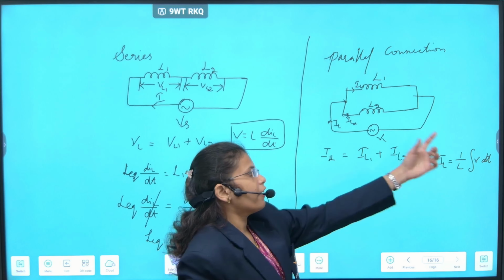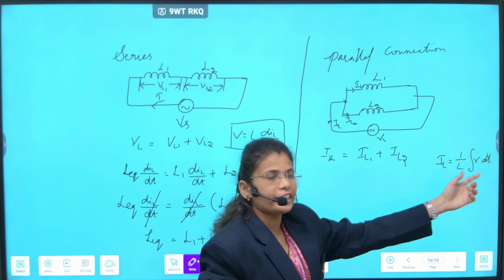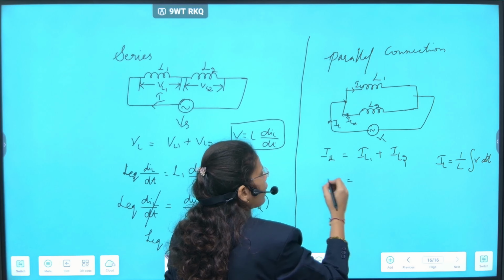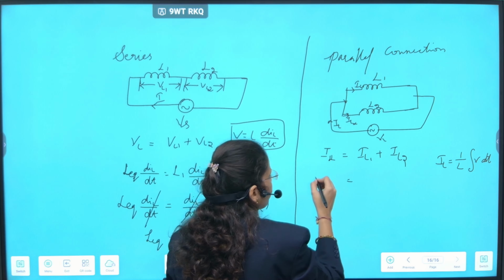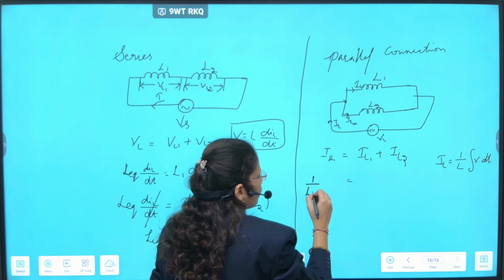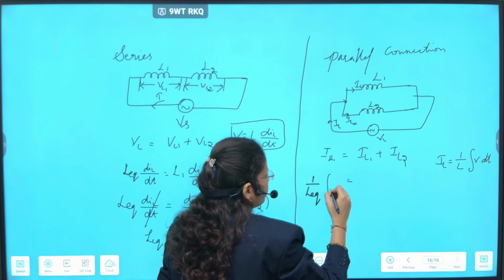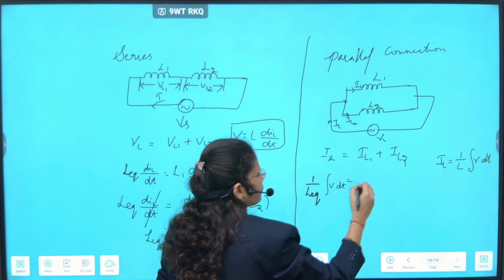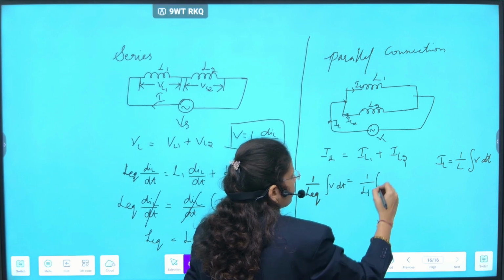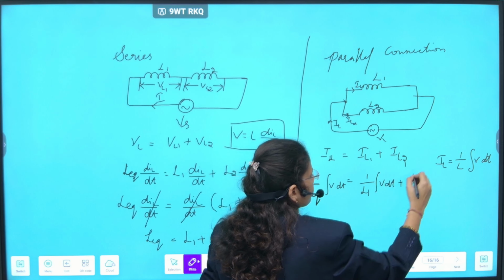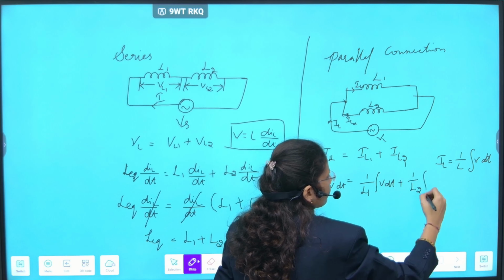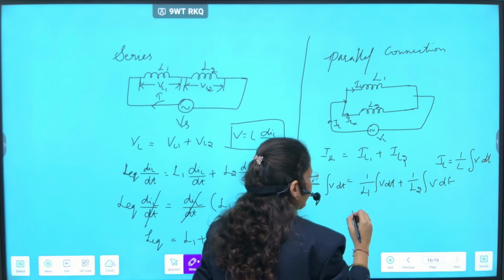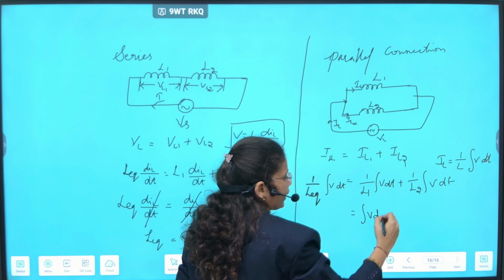So 1 by L integration of V dt is represented in the place of IL, IL1 and IL2. Now I am taking integration of V dt as common.